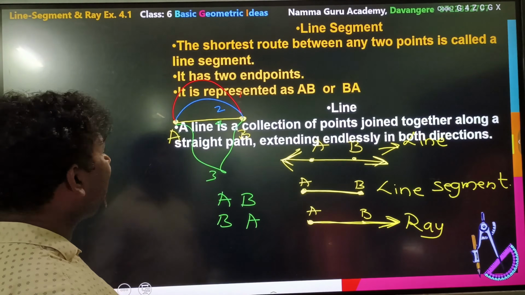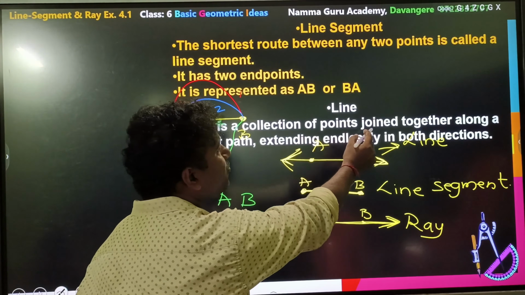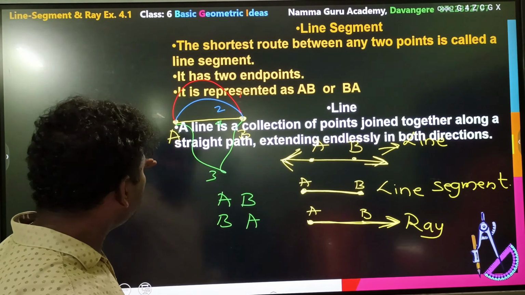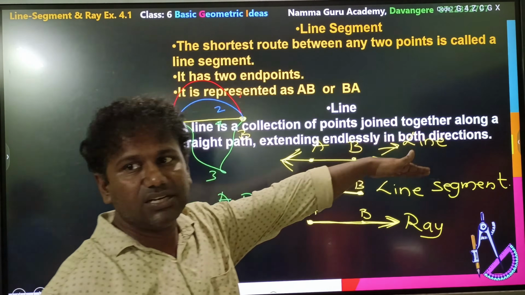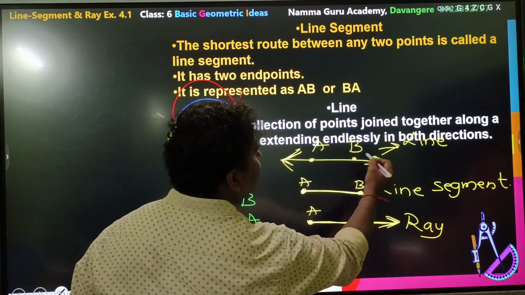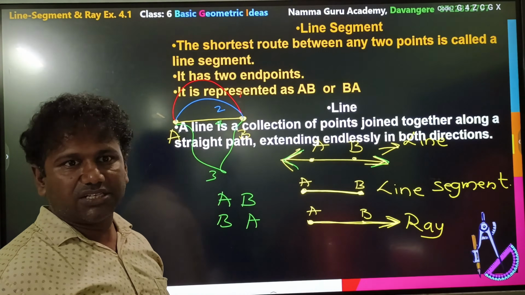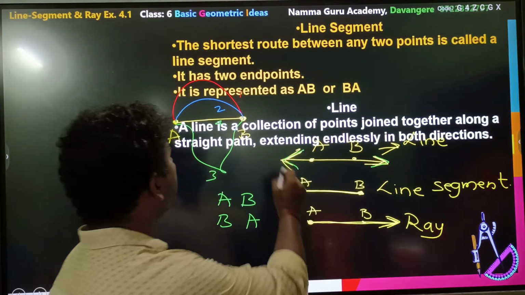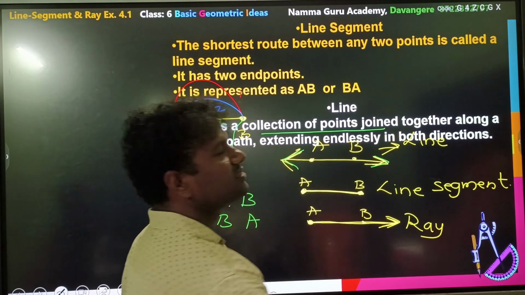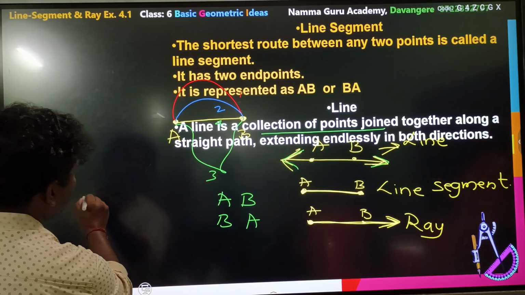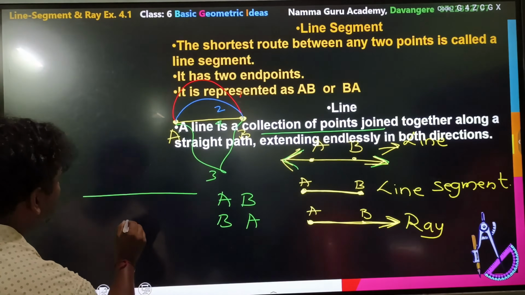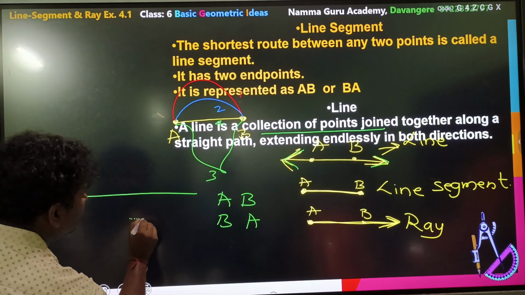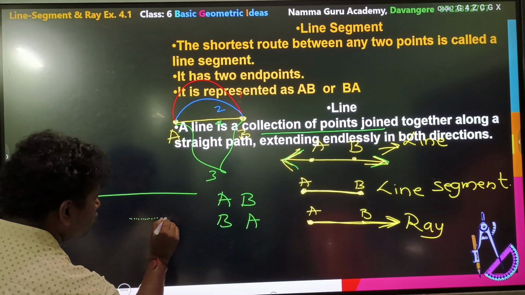Then the next one is line. What is a line? A line is a collection of points joined together along a straight path extending endlessly in both directions. What is the other point given? That is a collection of points joined together. If you take this as a line, it is nothing but a collection of points continuously, closer to one another.